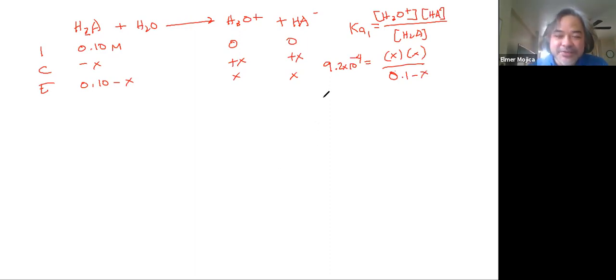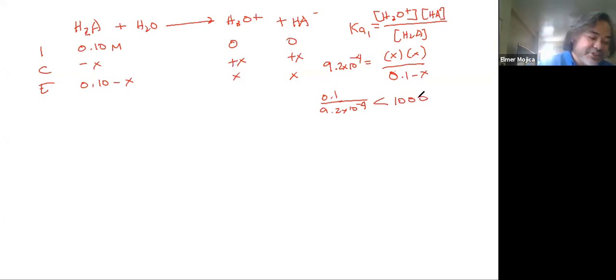Why? Because if you calculate 0.1 divided by 9.2 times 10 to the negative 4, it's less than 1,000, right? So you cannot assume that 0.1 minus X equals 0.1. You have to do it the hard way.